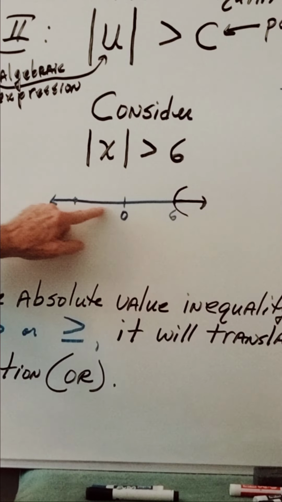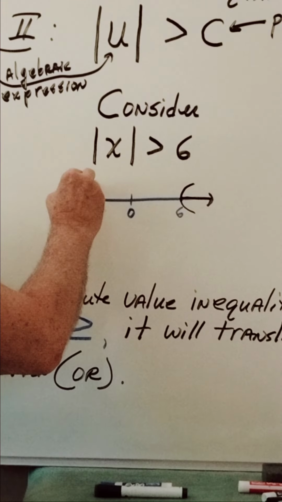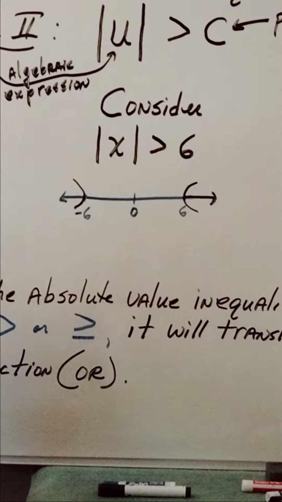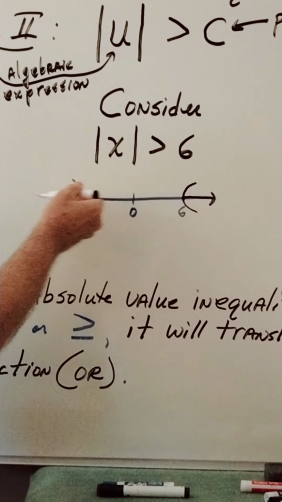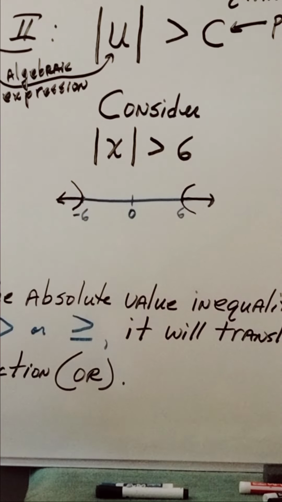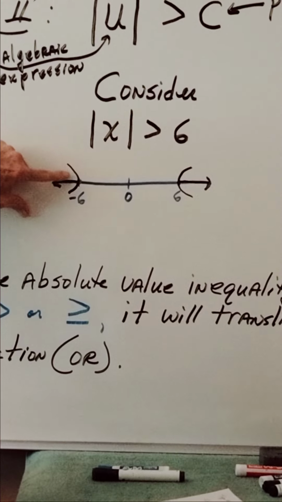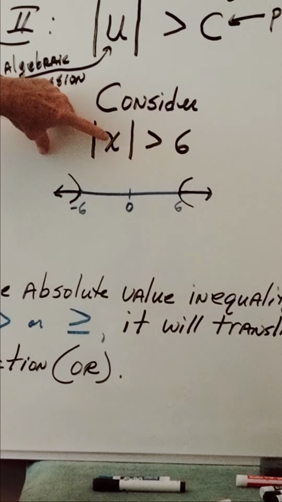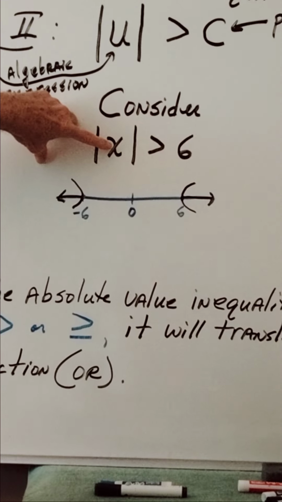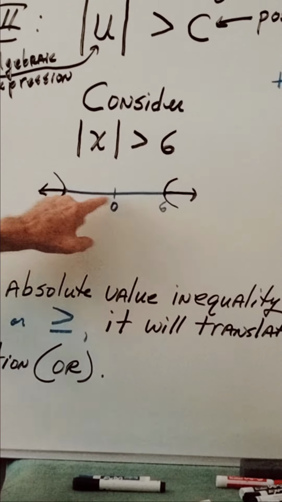They're a lesser distance than 6. So it would appear that if we put the parenthesis opening up less than negative 6 and shade the rest of that, let's try negative 7. Negative 7 is in this vicinity. If you substitute negative 7 in there, the absolute value of negative 7 is 7, and 7 is greater than 6. None of those will work.